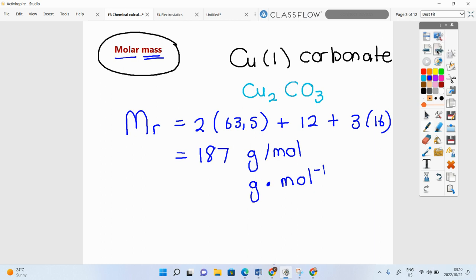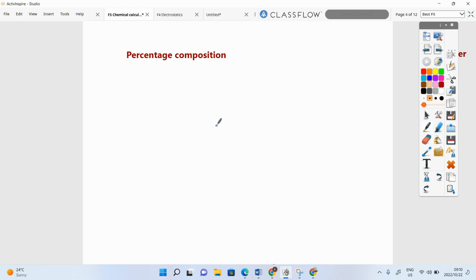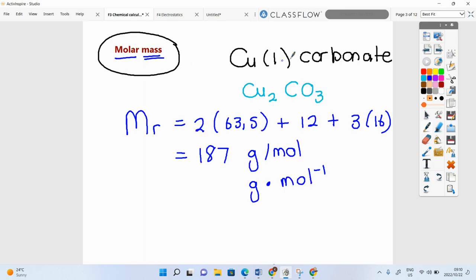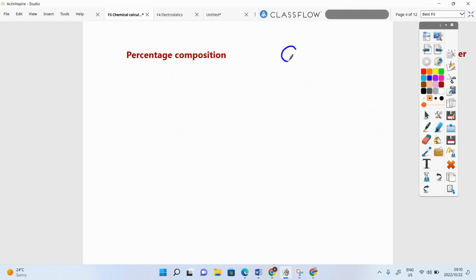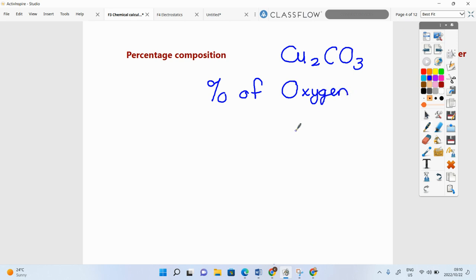Then the second thing that we looked at was percentage composition. Here you still don't need the mole. So if we use our formula, the copper carbonate, Cu2CO3, and I ask you what is the percentage of oxygen in that formula?